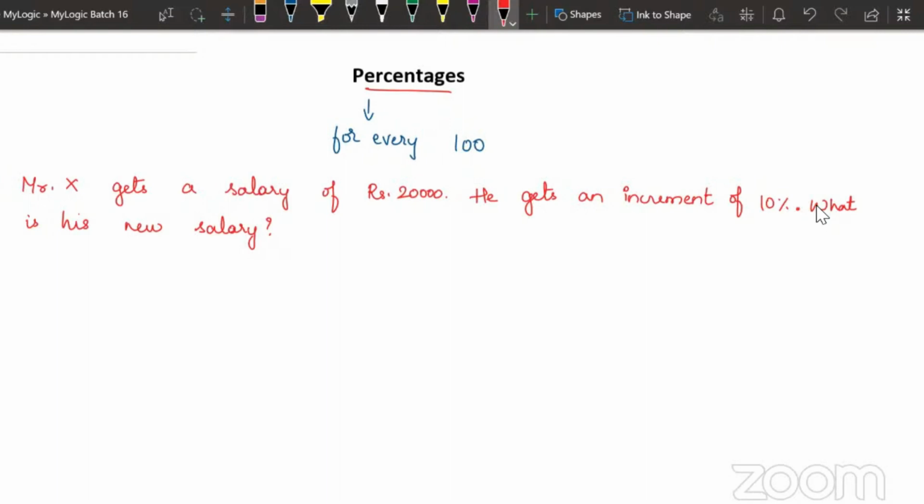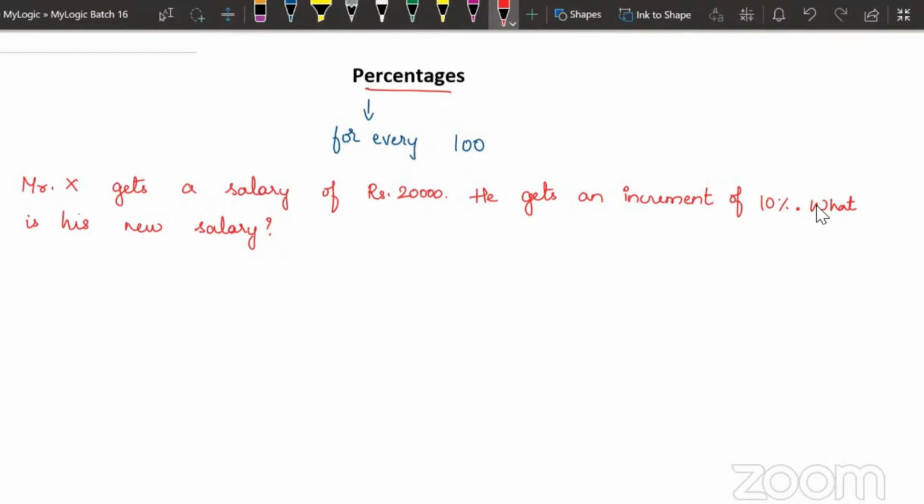What will be the answer? If he is getting 10% increment, what will be the new salary? Anyone? So basically, we calculate new salary based on previous salary, right?